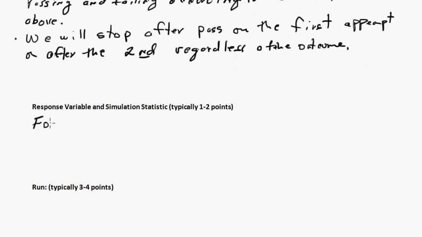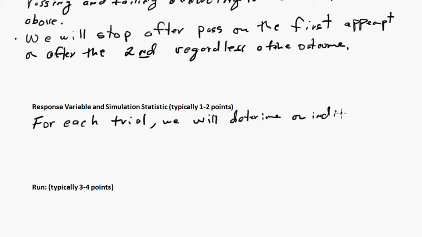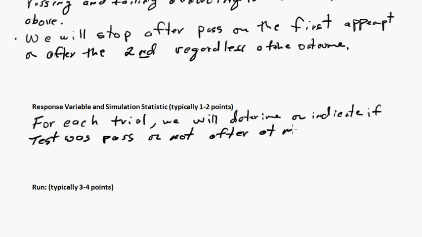For each trial, we will determine or indicate if the person being tested passed the test or not after at most 2 attempts. It's going to be easier to do than write.